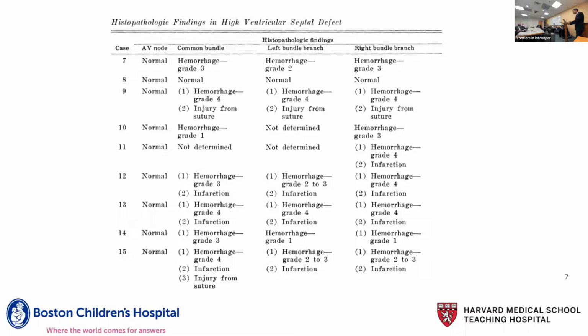So again, it makes you think about, is suturing the only way of repairing these defects? A few of them have direct traumatic injury, but a lot of them have hemorrhage and resultant injury from tissue trauma.